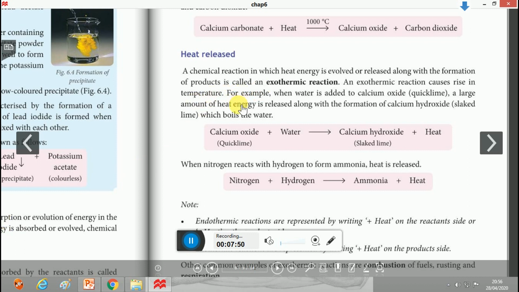For example, when calcium oxide reacts with water, it forms calcium hydroxide and a huge amount of heat is evolved. The solid calcium oxide is referred to as quicklime, and the solution of calcium oxide plus water gives calcium hydroxide. It is termed slaked lime.